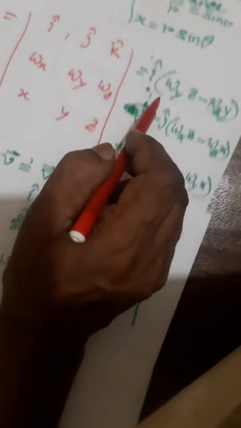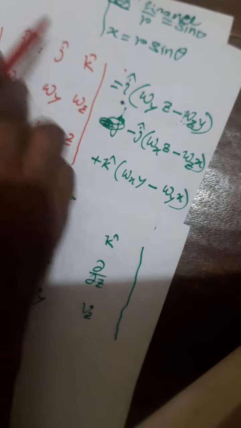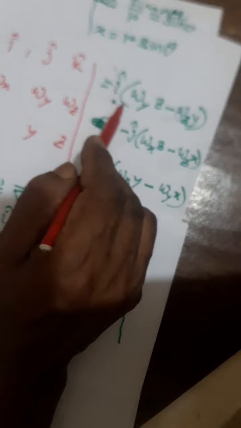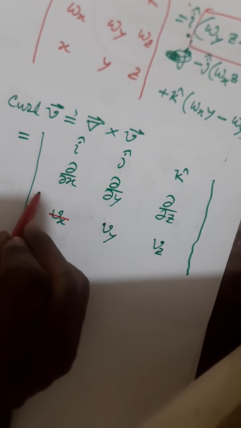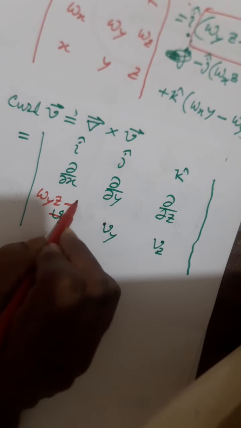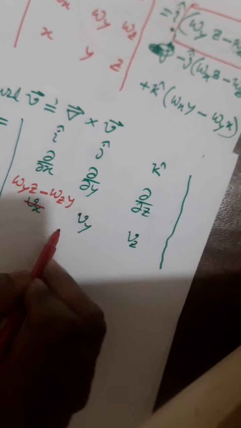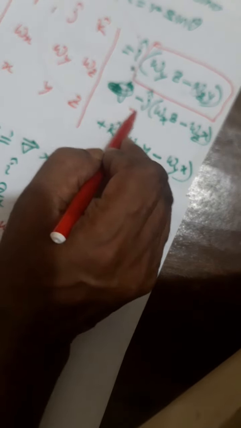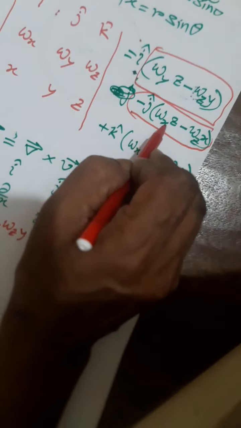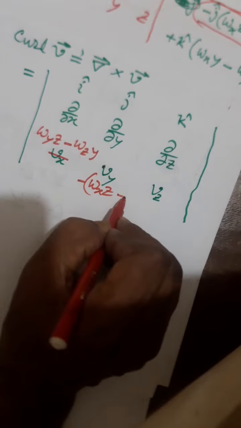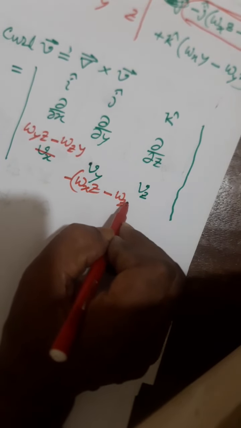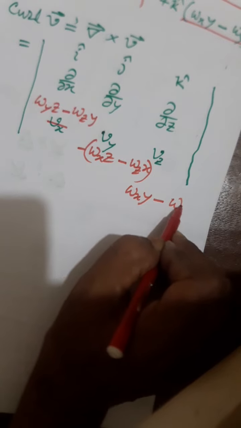Here Vx is omega y z minus omega z y. And Vy is minus omega x z minus omega z x, that is, minus (omega x z minus omega z x). And Vz is omega x y minus omega y x.